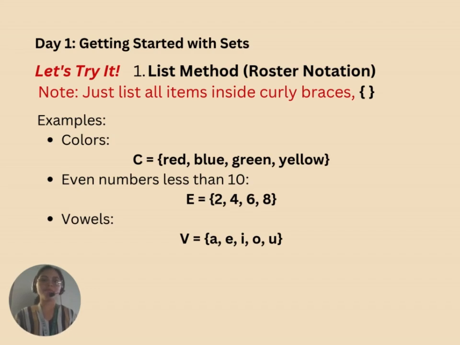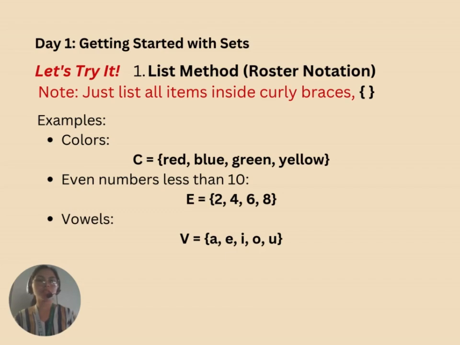Now let's try. Let's use first the list method, or the roster notation. Note, just list all items inside curly braces. Let's say for example the colors.